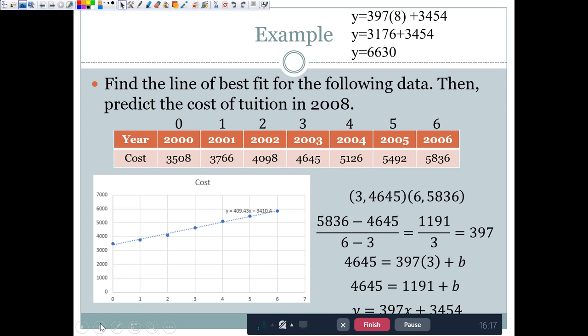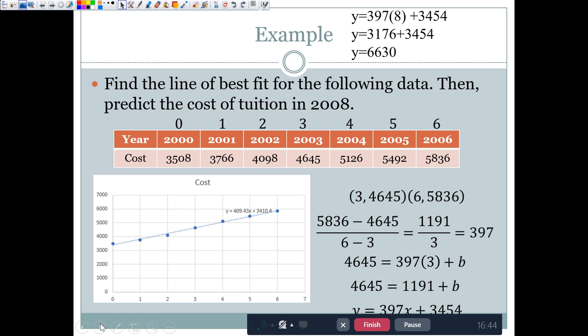I know this is really hard to see, but if you were to put this in the graphing calculators, or the computer, and find the actual equation of the line of best fit, this says that my slope is 409.43x. Okay, so as long as it's close, that's what I'm looking for. As long as you can prove what you did, that's what I'm looking for.